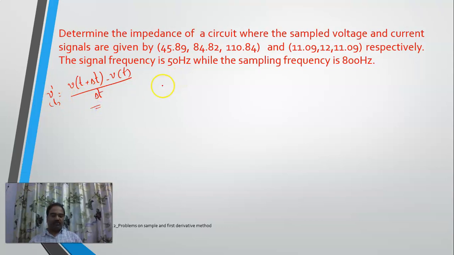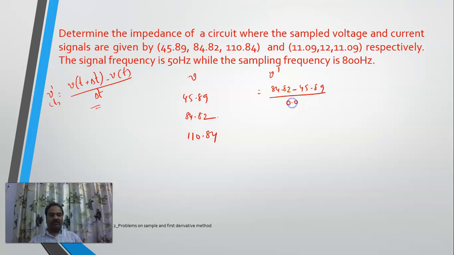We have seen that there are many methods, but we generally choose this forward difference method. So v is 45.89, 84.82, and this is 110.84. How to determine v dash? The next value 84.82 minus the present value 45.89, divided by delta t.